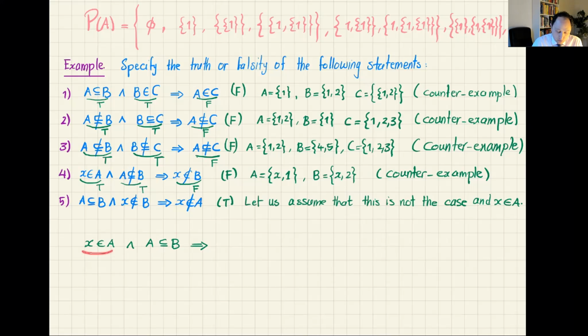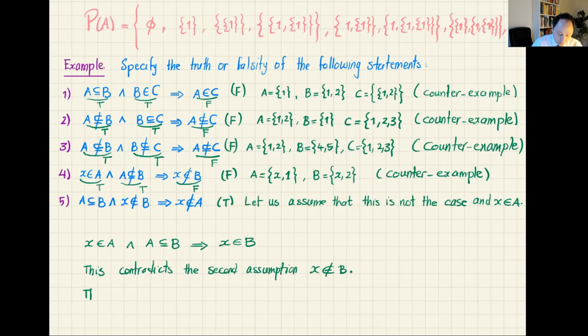And you are telling me that x belongs to A. So based on the definition of being a subset, I can immediately conclude that x belongs to B. But this is in contradiction with the second assumption, because in the second assumption, you are telling me that x does not belong to B. Okay, this contradicts the second assumption: x does not belong to B.